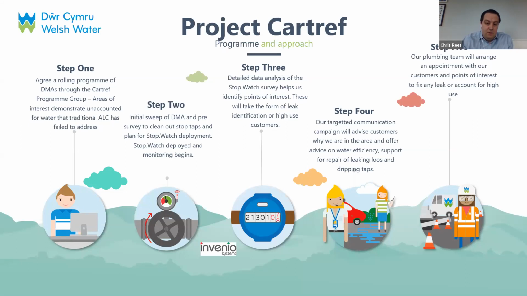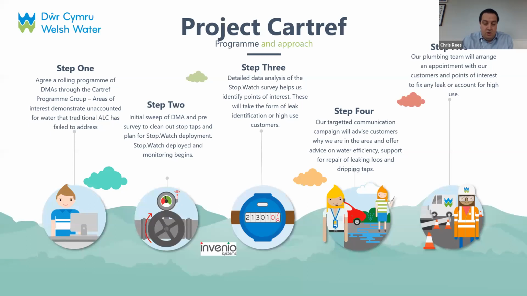This is where we look at areas of high customer side loss, undertake a deployment of the stopwatch logger to really understand where that's happening, and then undertake a targeted program on those customers which have got high losses, and also from a water efficiency perspective on those exceptionally large users.